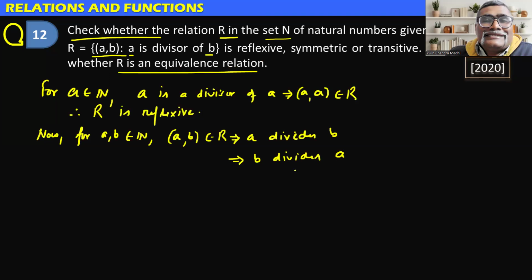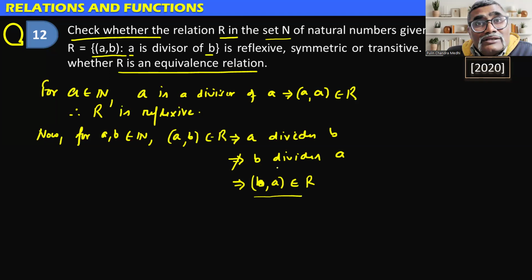No. It is not always, because if they are not equal, it is not. It is possible if both are equal. So that means I get (B, A) belongs to R. Here, this is the problem. Many students might write here not belonging to R. Don't write this, because I am writing this conclusion on the basis of this. The equality or the implication is broken here.